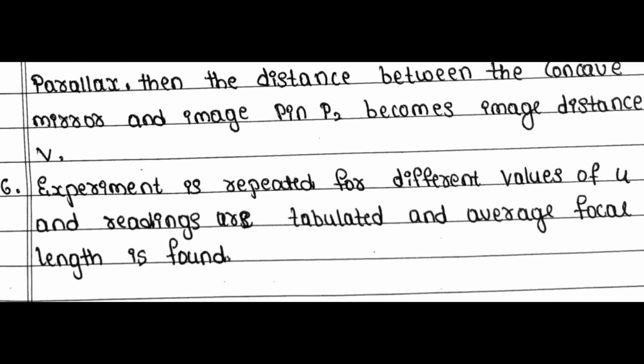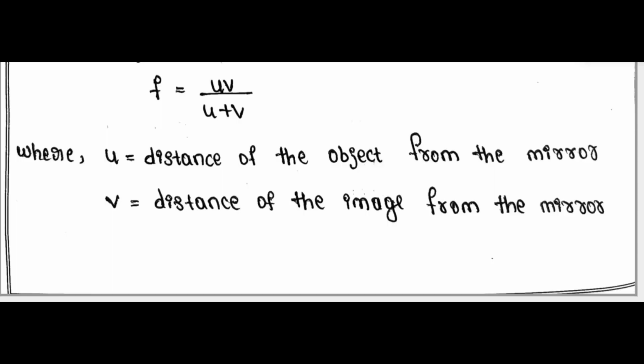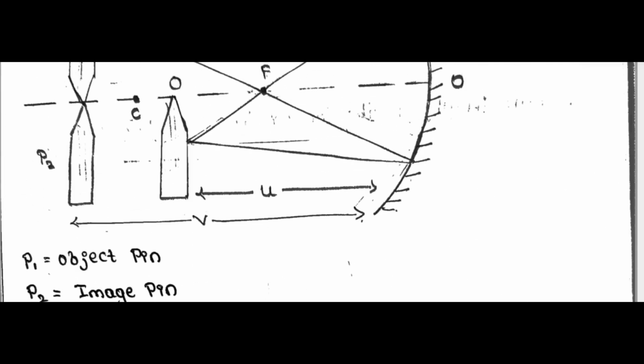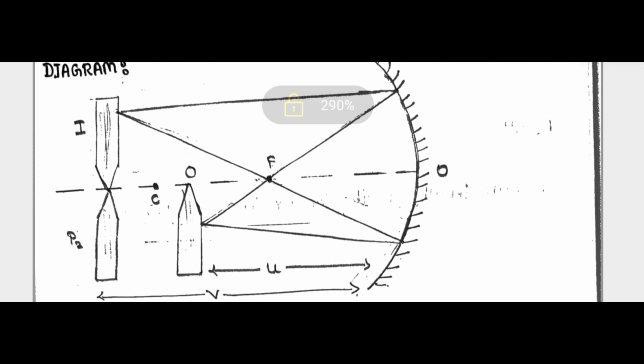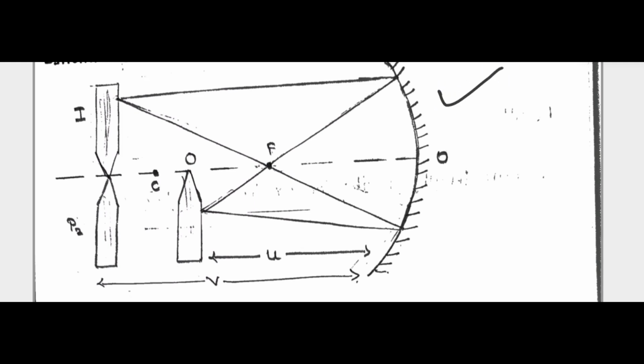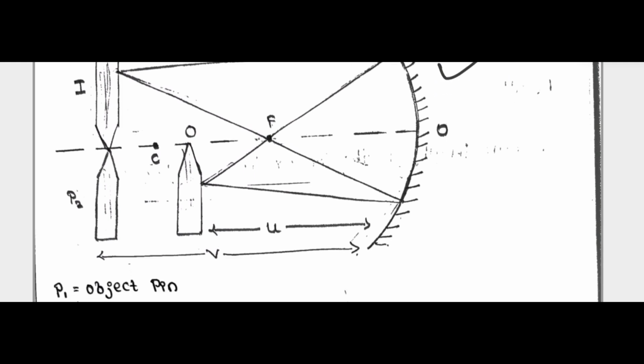And next, this is the diagram of the experiment. This is the mirror and this is the object pole, the distance u here is the object distance, and this is the image pole.